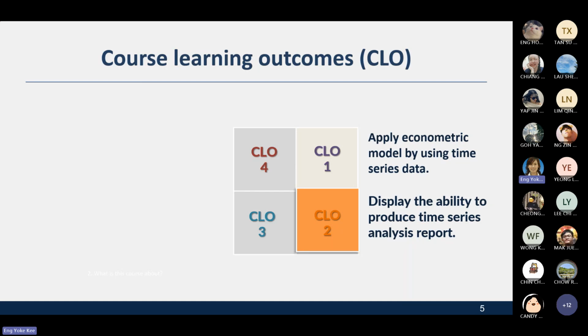No matter how good you are at data analysis, if you do not know how to communicate, it is pointless, because you can perform bombastic analysis, but how do you communicate the results or findings to your audience, especially those who know nothing about statistics? So it is a skill, and we will examine this in your CLO2.